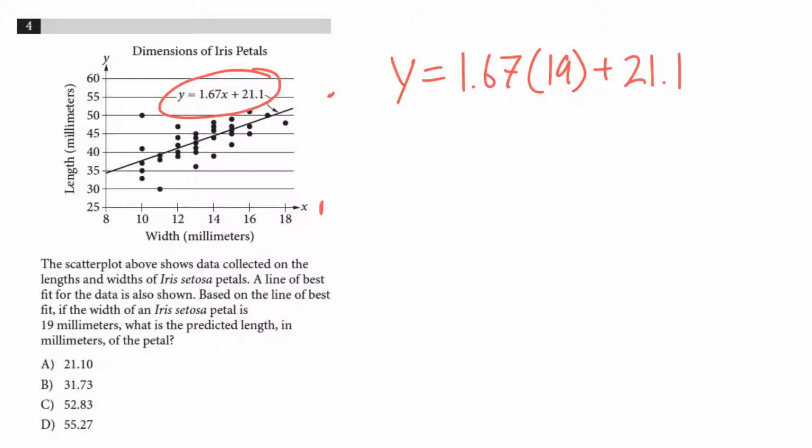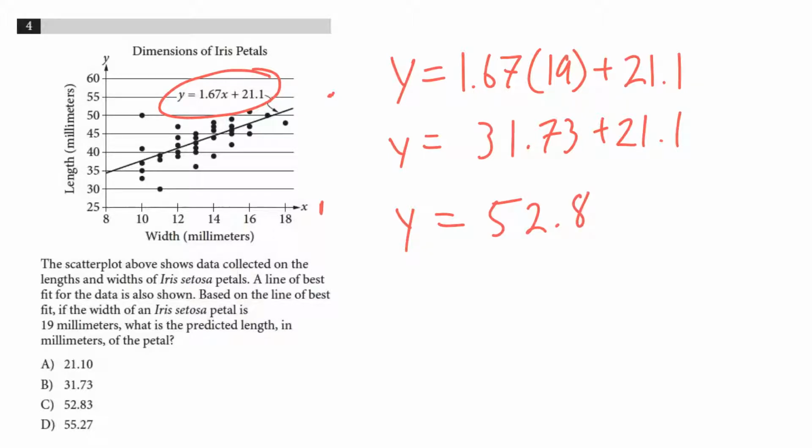Since this is the calculator section, I'm just going to pull up my calculator real quick. 1.67 times 19, that's 31.73 plus 21.1 equals the output. Well, that's going to be 52.83. That is our answer. C would be our answer.